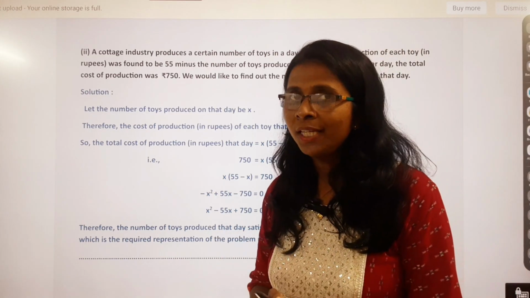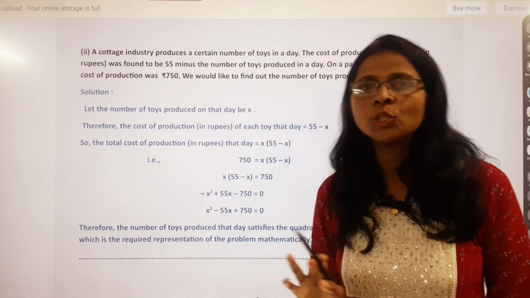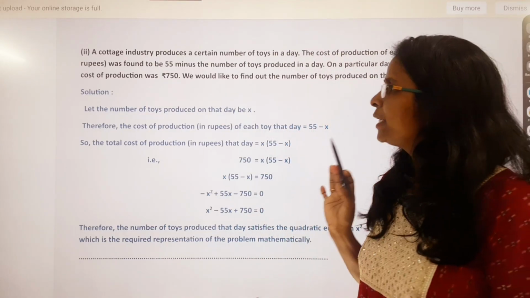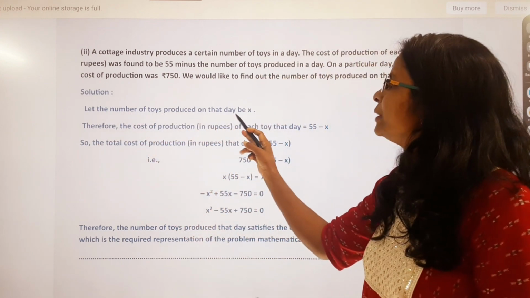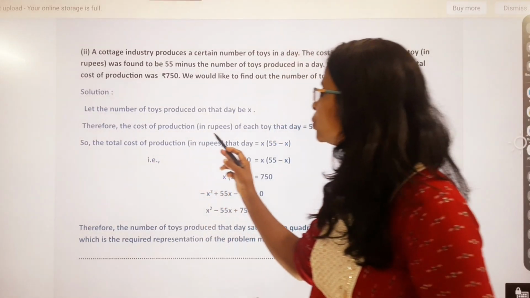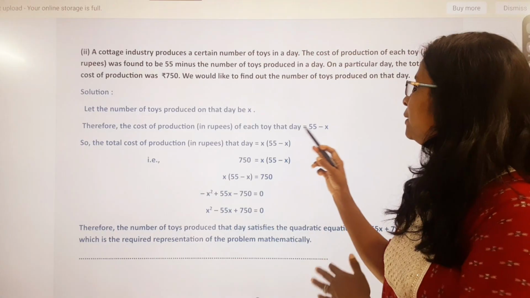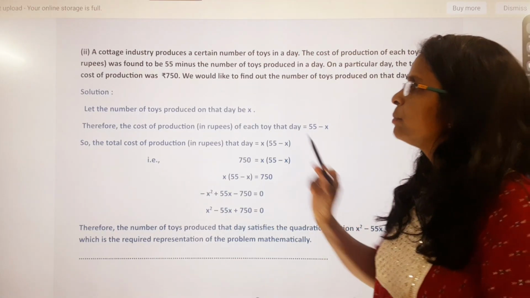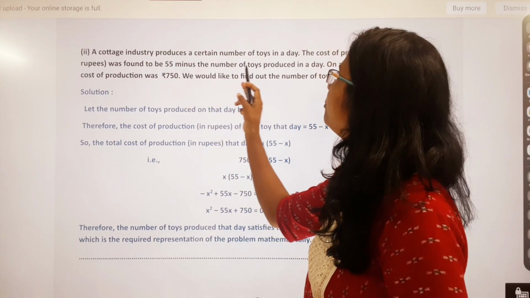So we have to see only the mathematical representation of this example. For that purpose, let the number of toys produced on that day be x. Therefore, the cost of production of each toy that day is equal to 55 minus x, because they say the cost was found to be 55 minus the number of toys.